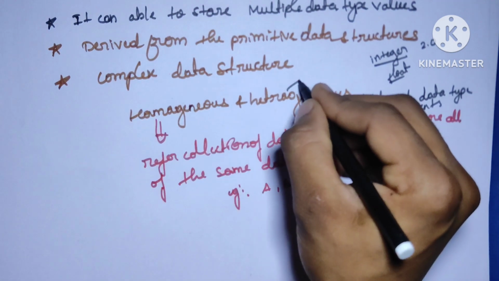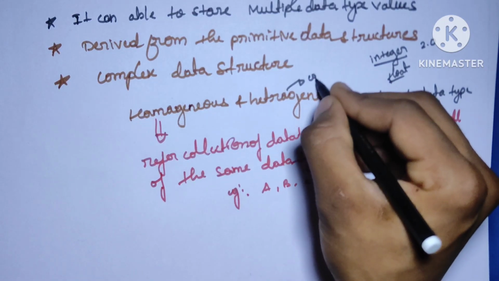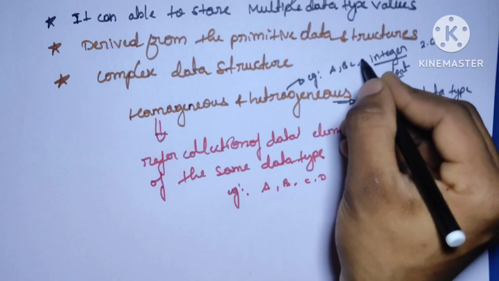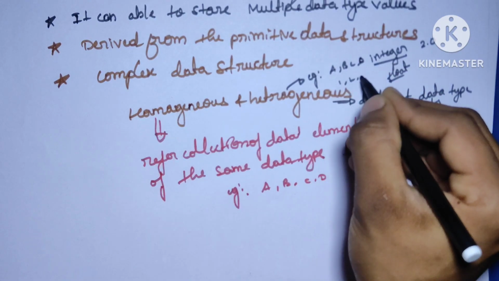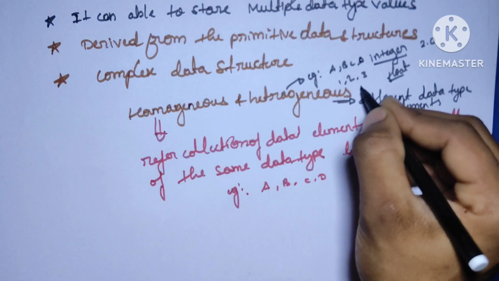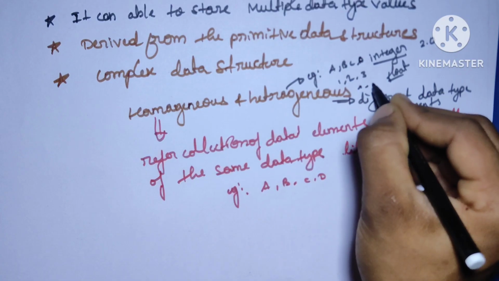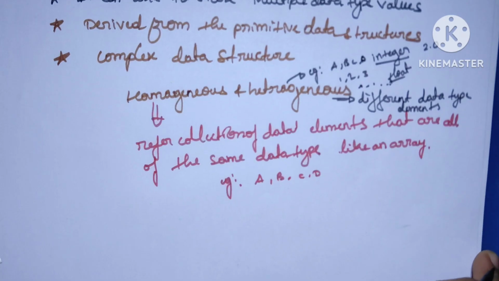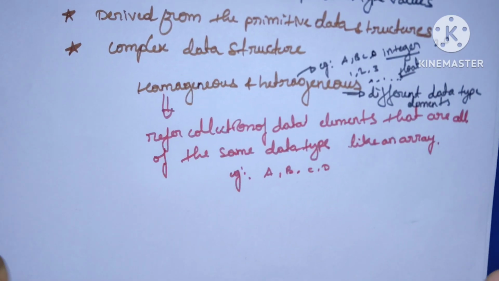They do not belong to the same type. For example, I can store alphabets, numbers, and also special characters like comma, period, etc. So this is what we know as heterogeneous data elements.